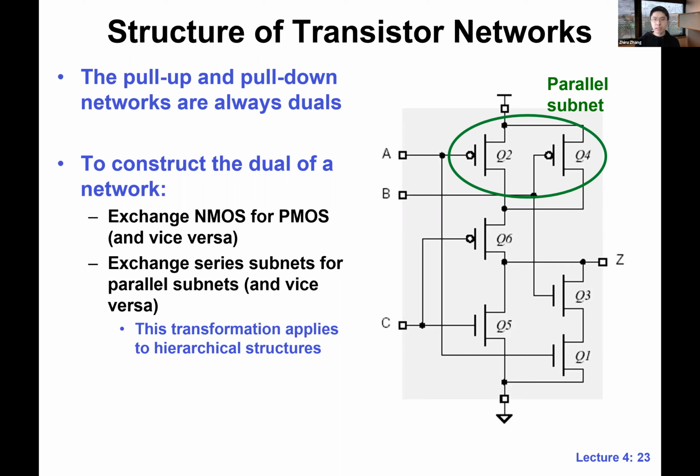It's a sub network, so that's why I call it subnet. Just focus on what kind of structures we have. Do we have a parallel subnet or a series subnet? Once you understand this, things will be fairly straightforward. And actually, this kind of structure can be hierarchical. We'll see what that means.